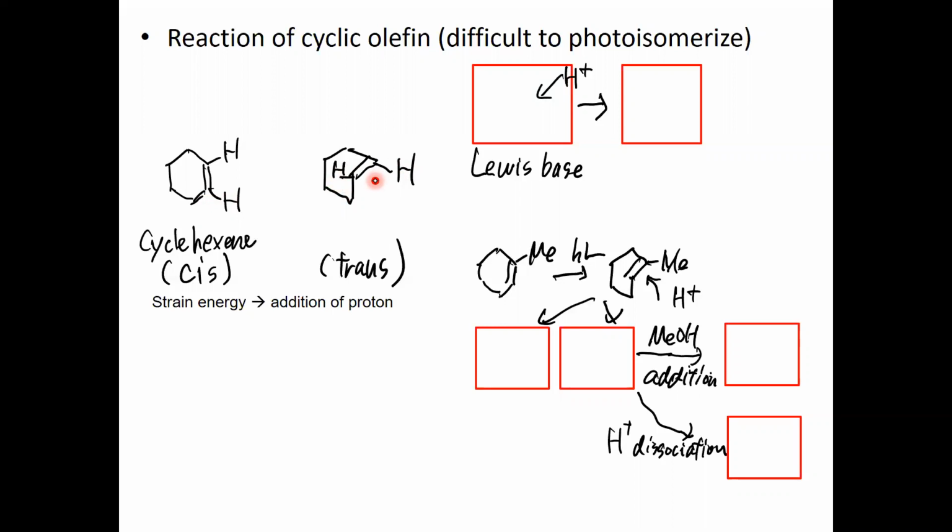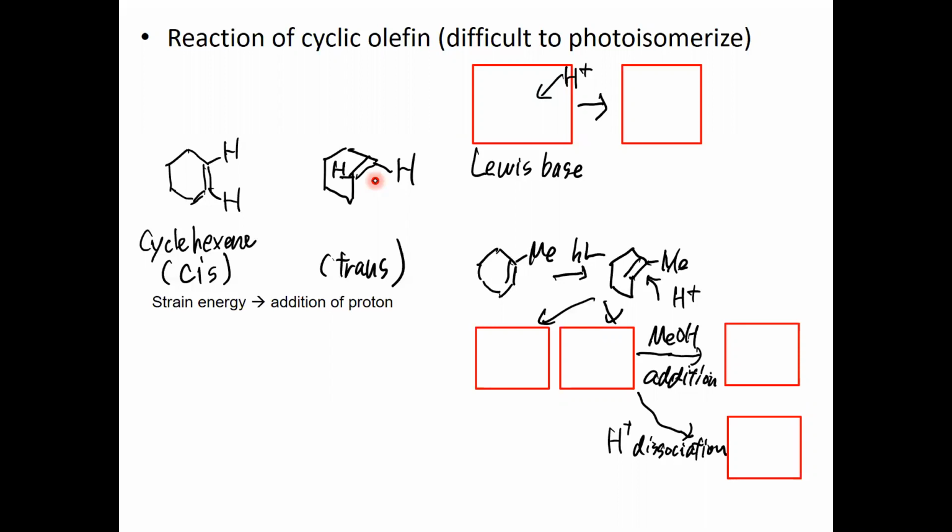So this kind of strain actually induces some chemical reaction, because it has higher chemical energy, and the molecules want to release the energy to make the configuration more stable.